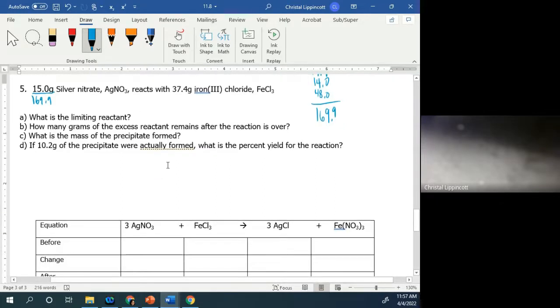I need to have at least 3 sig figs in this table. So that's going to be 0.0884. I'm going to figure out the moles, the molar mass for iron chloride.